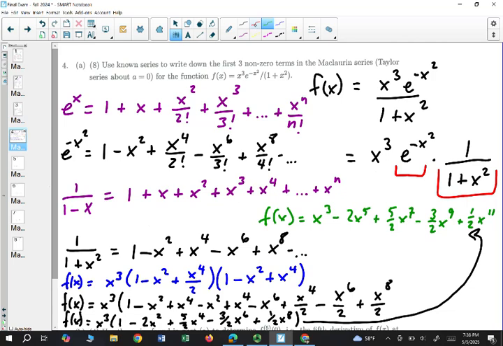Of course, all you're really focusing on, they say the first three non-zero terms, so you'll do that, right? Those are your first three non-zero terms.